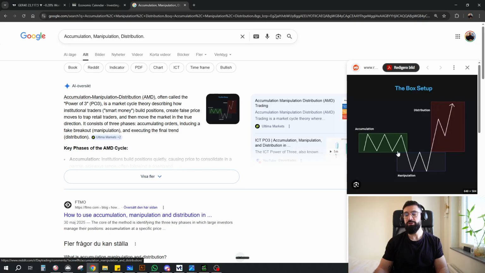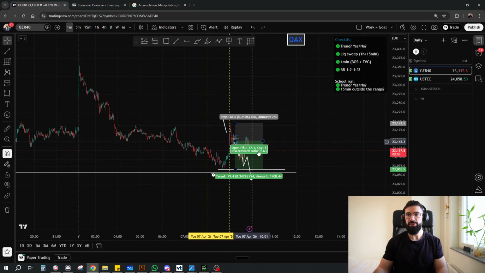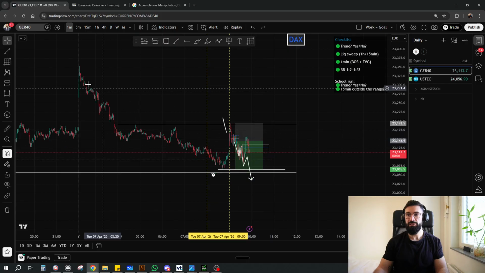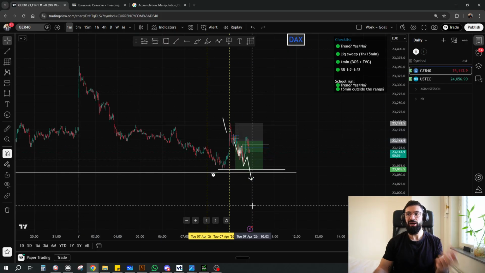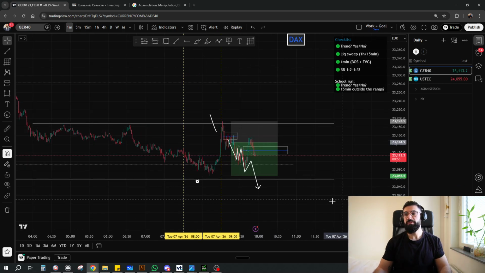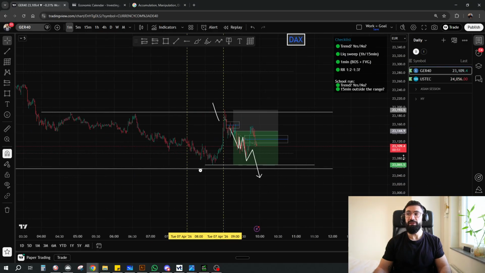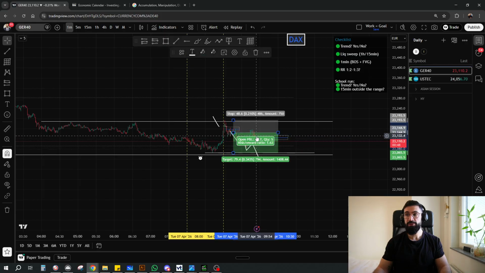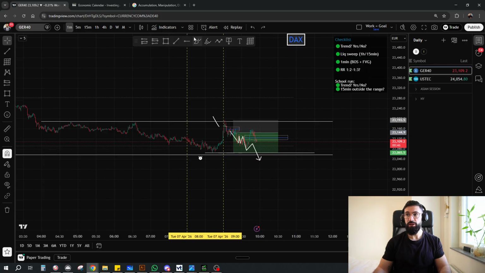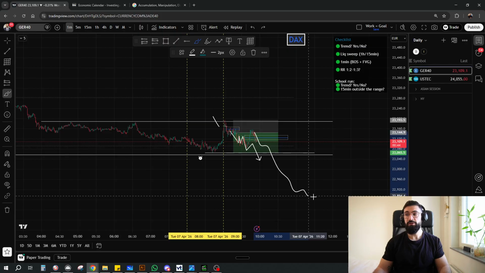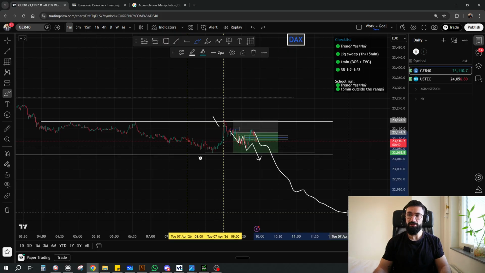After the accumulation part comes the London session, and this is where it's undecided right now. It's still in the accumulation box, the overnight range as we call it. So it's not decided yet. Should it continue to the downside and do its manipulation right here? That's what the market is saying right now.